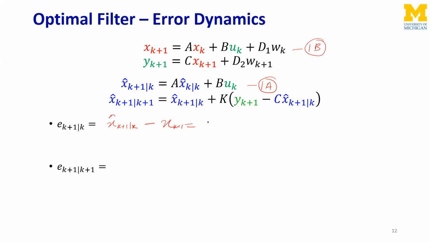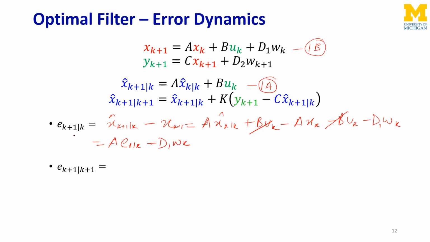So x, I'm going to write A x hat k given k plus B u k minus A x k minus B u k minus D1 w k. The inputs get canceled every time, and we are left with A e k given k and the process noise term D1 w k.